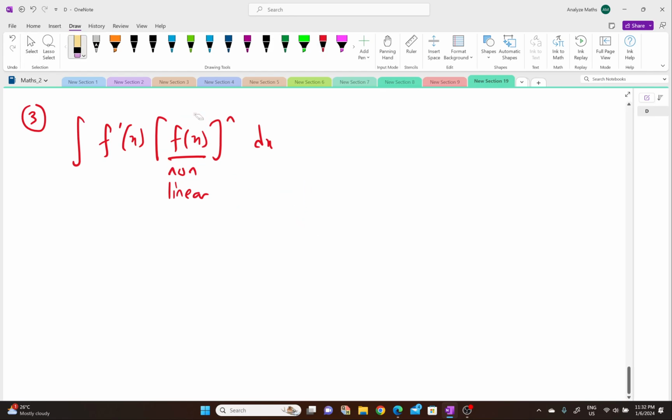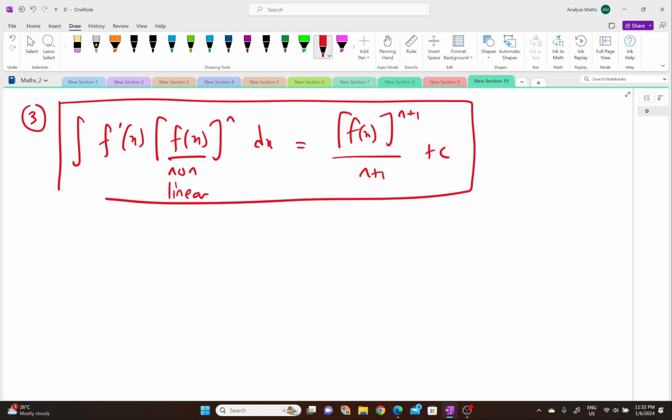Inside here, if you differentiate, that expression is outside here, then you can write the answer like this. Some of you might not understand what I'm doing here. I repeat, the one inside the bracket, the one having power here, you differentiate. When you differentiate and you find out that is outside here, then you just simply can write the answer like this.